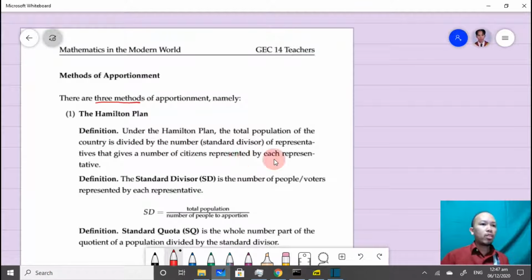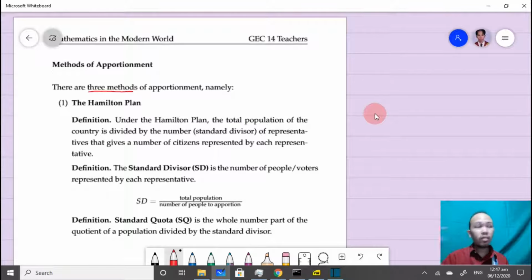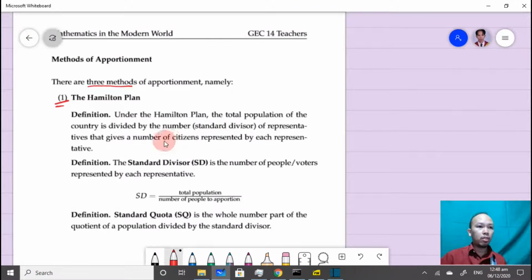So for the first method or plan, we have the Hamilton plan. What are the steps in order to execute this plan?